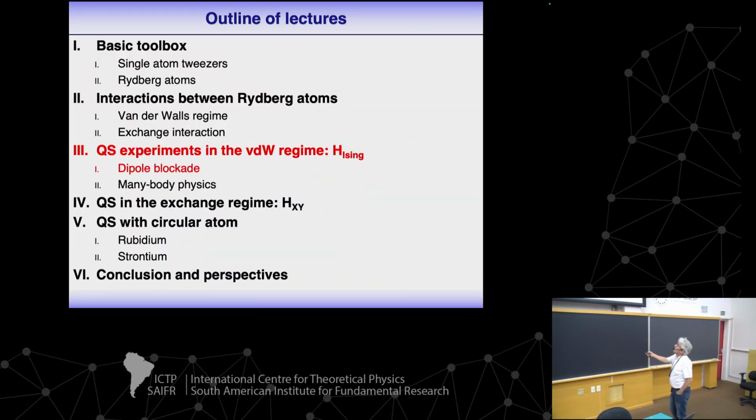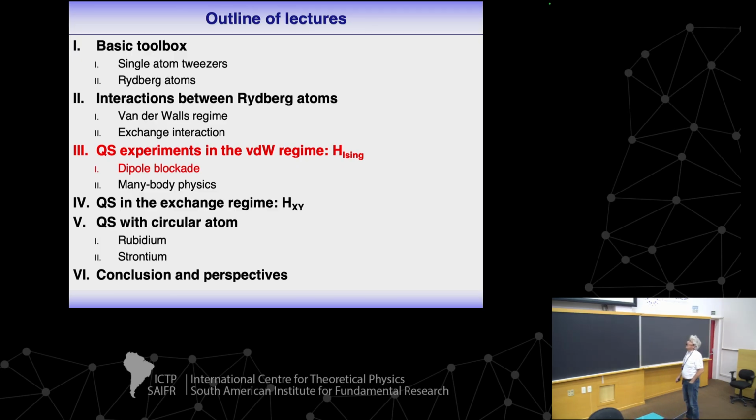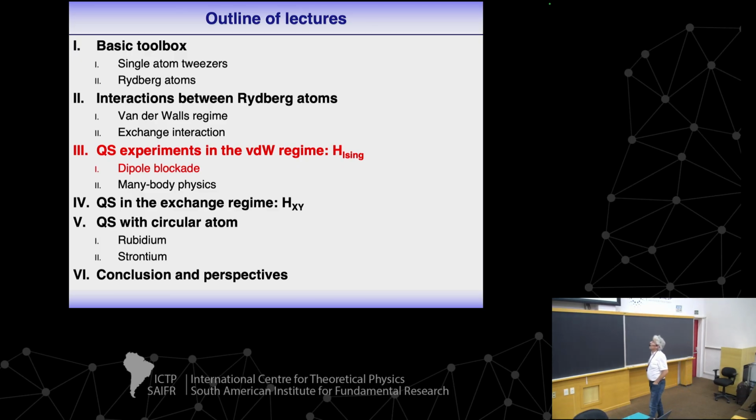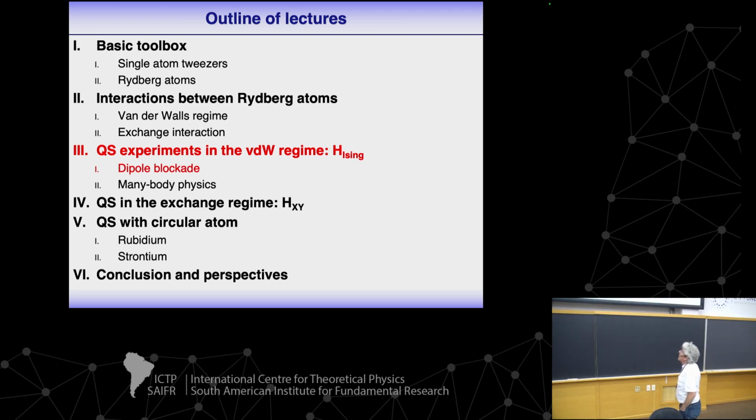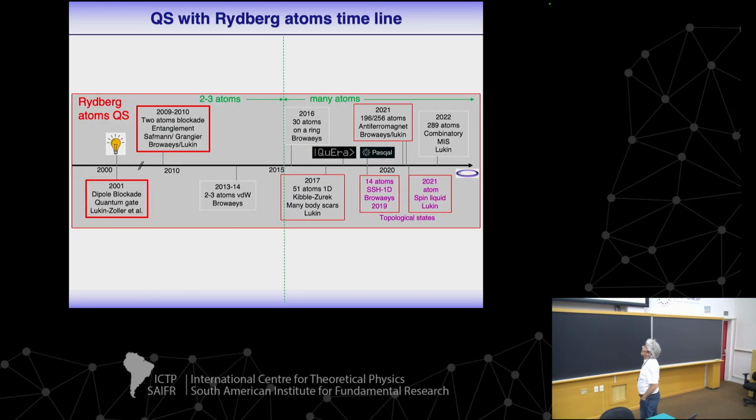So I switch to part 3 of this, which is the description of experiments performed in the van der Waals regime, simulating the Ising Hamiltonian, which is also the same interaction used in the dipole blockade proposal by Lukin and Zoller.